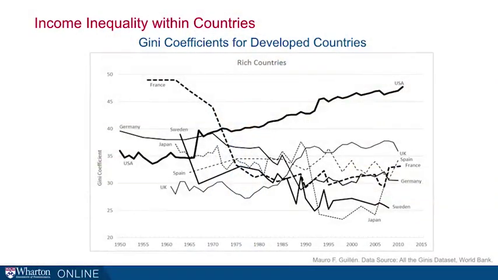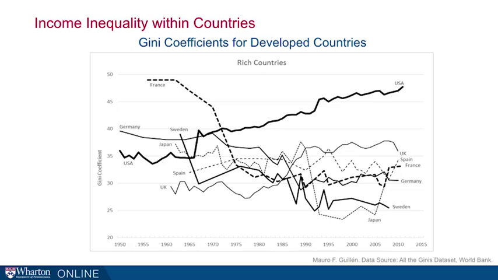In fact, if we take a look at income inequality within countries, then we see that in many countries around the world, income inequality has gone up, while in a few of them, it has come down. On this chart, we have data since the year 1950 all the way to the present time, showing Gini coefficients, which again range between 0 and 100.